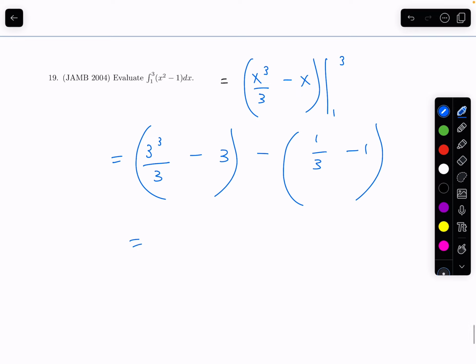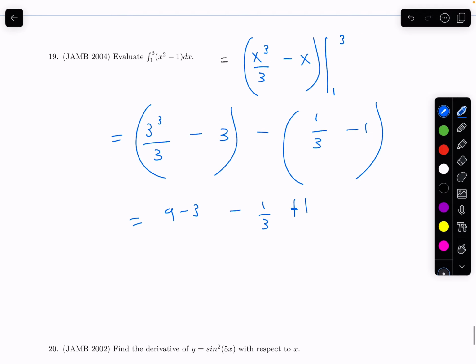If you simplify, 27 divided by 3 is 9, minus 3, minus 1 over 3 minus 1. We have to be careful here. If you simplify everything, you get 20 over 3.